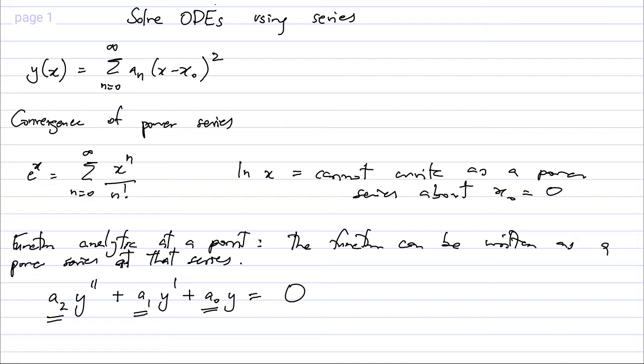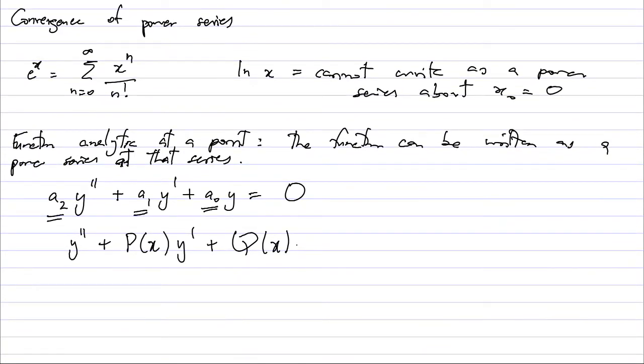Of course, I'm assuming that a2 is non-zero, otherwise you have a first order differential equation. So I'm dealing with linear differential equations, and I can write the second order linear differential equation in this form: y double prime plus p of x y prime plus q of x y equals zero, where p of x is just a1 divided by a2, and q of x is just a0 divided by a2.